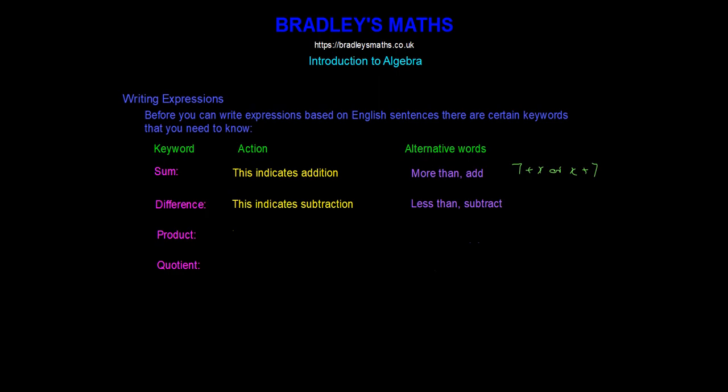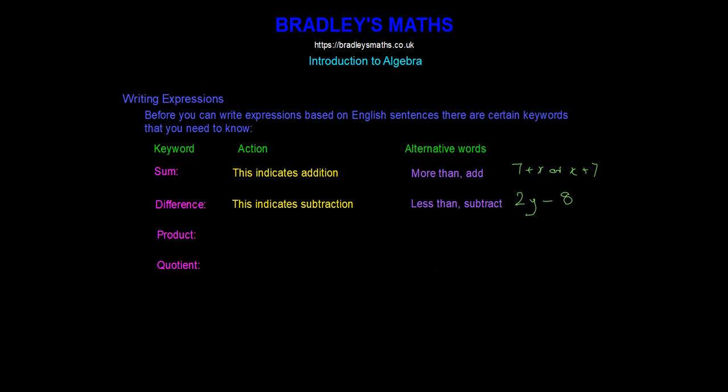So if you got to write an expression in which 8 is less than 2y, you would have 2y minus 8. Okay, subtraction, it does matter which way round they go. I can't rewrite this as 8 minus 2y because it isn't. It's 2y minus 8.